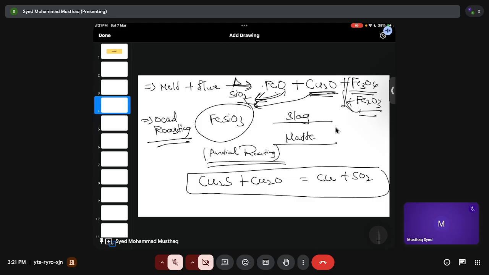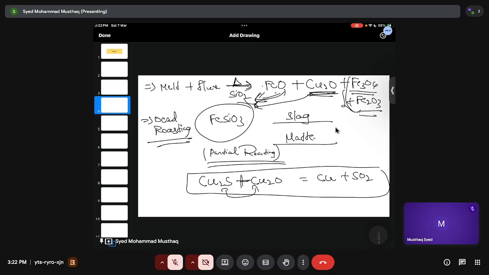Now in refining, let's not jump to the last point. After matte you do the converting process, where you convert the sulfides into oxides by purging oxygen. Some copper oxide will be formed, and that copper oxide will again react with your copper sulfide and convert into copper.